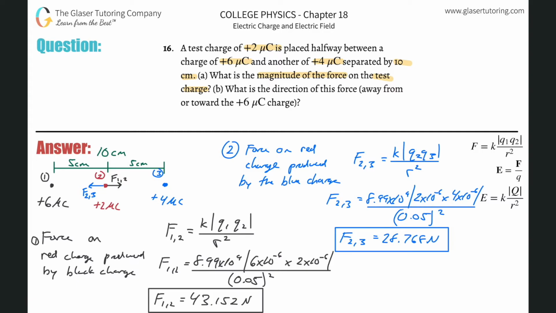So now what I should do is let me just erase this black line here. I'm going to make it a little larger, just to show the proportions a little more appropriately. Okay? So now I completely described all the forces that are acting on the red charge. There's nothing else in the problem.